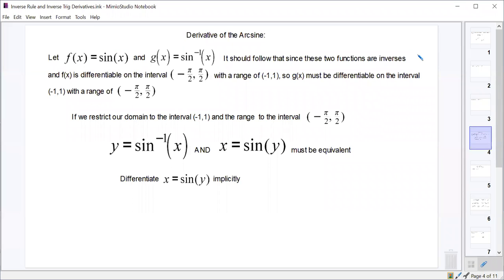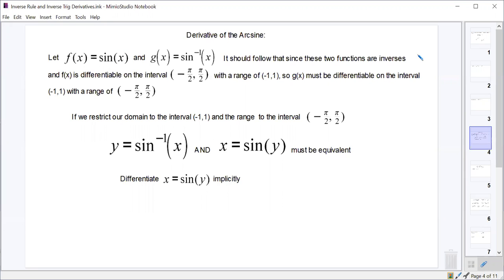You're all familiar with inverse trig functions, I hope? Inverse sine, inverse cosine, inverse tangent. Okay, so the inverse trig function just allows you to put in a value and get out an angle from it.